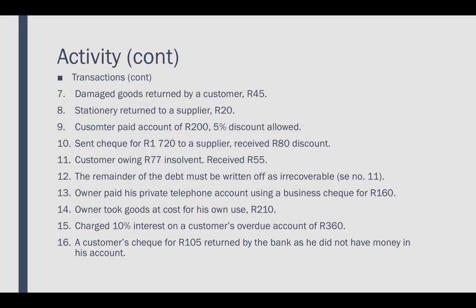So in this case, a customer paid us with a cheque that was returned by the bank, so the bank said to us, "Sorry, the customer has no money." That means that originally we thought we received money and we would have recorded it in the cash book on the receipt side. But now we didn't.